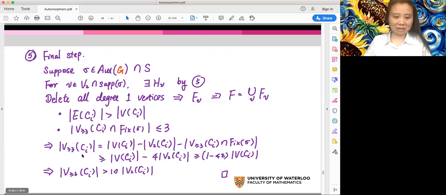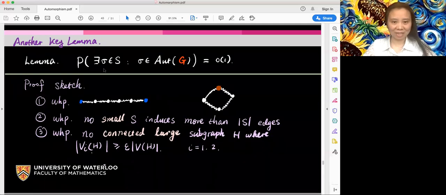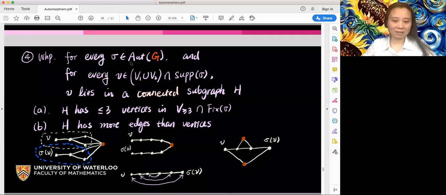So immediately you have shown that the set of vertices that are moved of degree 2 is less than 0.1 times the total set of vertices moved that are of degree at least 3. That just says that with high probability, you don't get any commutation like this for degree 2, and then degree 1 you can treat similarly. And that finishes the proof.